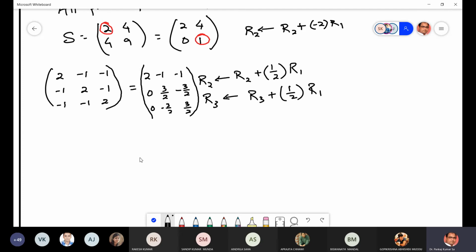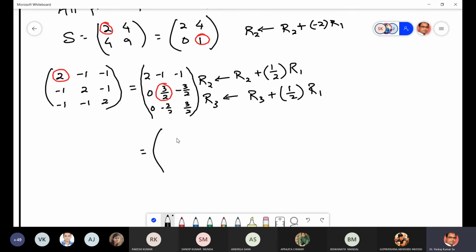So we have our leading elements. Here this one is our leading element. Here this one is our leading element. And the third leading element we are yet to find. So let us find that one.